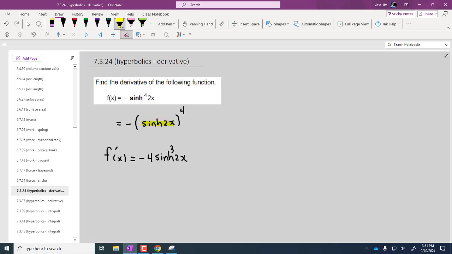So 4 comes down, subtract 1. Now we have to differentiate the base. Derivative of sinh is cosh 2x, all multiplied by 2. So when all is said and done here, we end up with negative 8 sinh cubed of 2x multiplied by cosh of 2x.